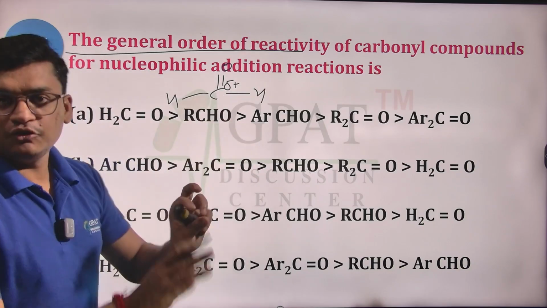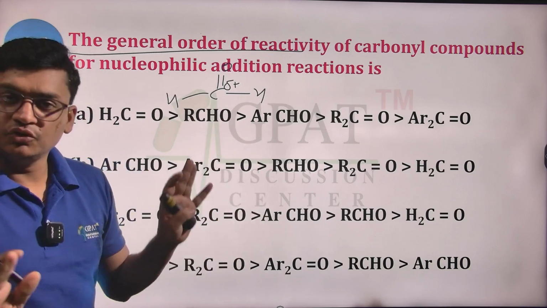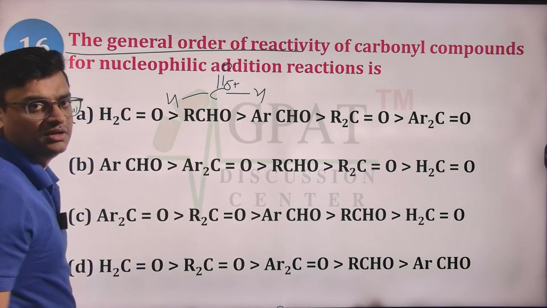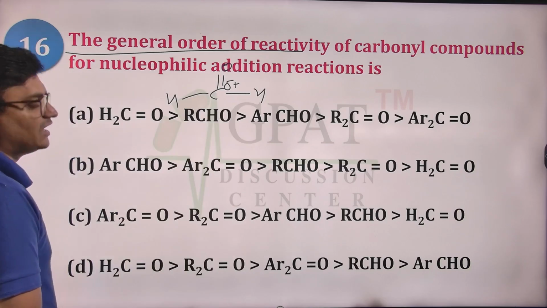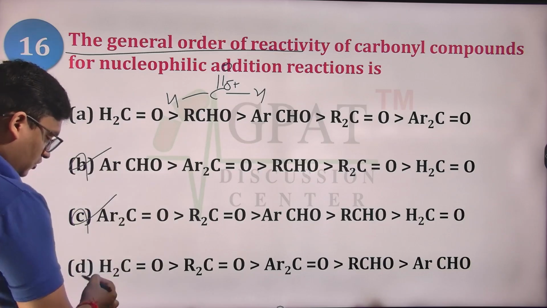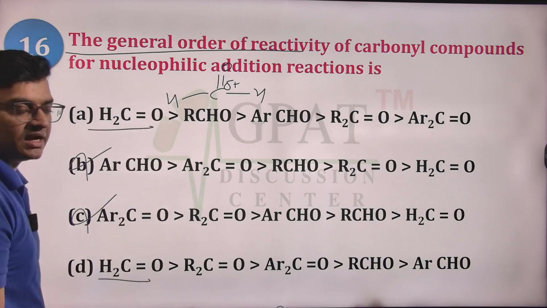Formaldehyde does not have any alkyl groups or plus I groups, so it will have the least stability of the polarized carbon. That means yes, that will be the most reactive one.